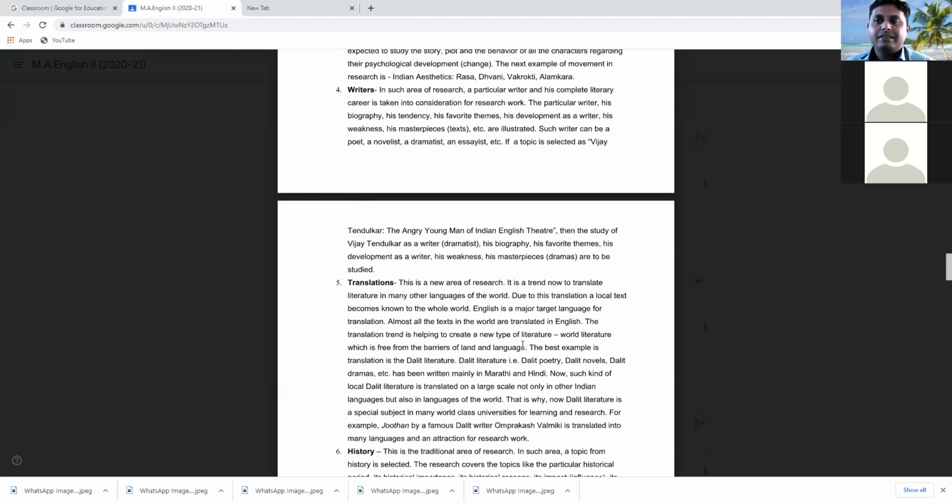For example, if a topic is selected as Vijay Tendulkar, the angry young man of Indian English theatre, then it would focus not on a particular text. It will focus on the literary career of Vijay Tendulkar as a novelist, as a dramatist, till his last text, right? So his entire career we have to study.